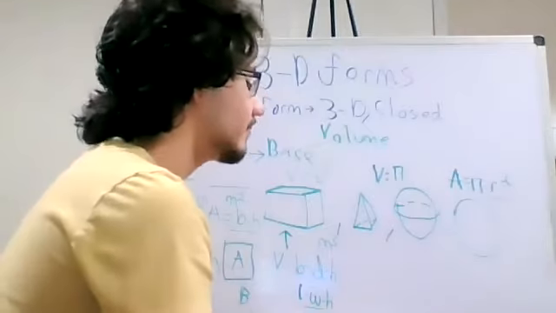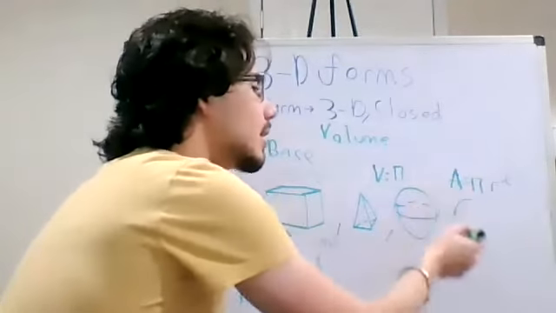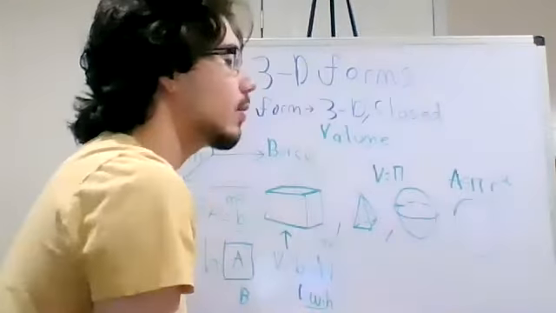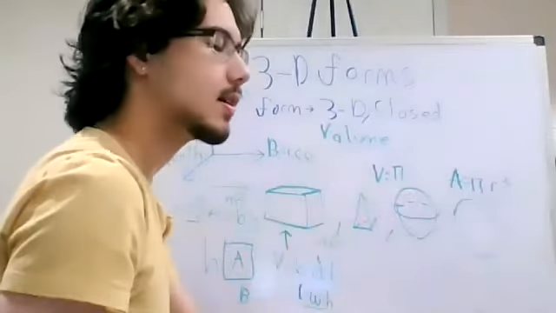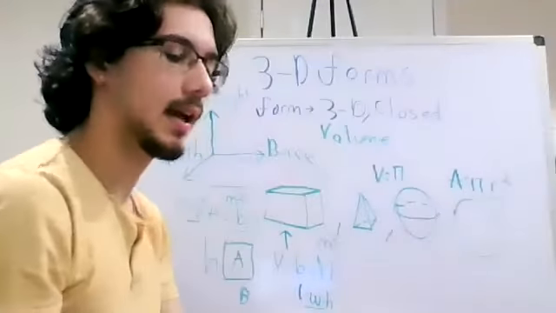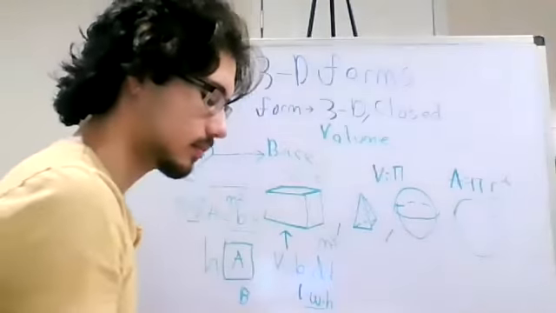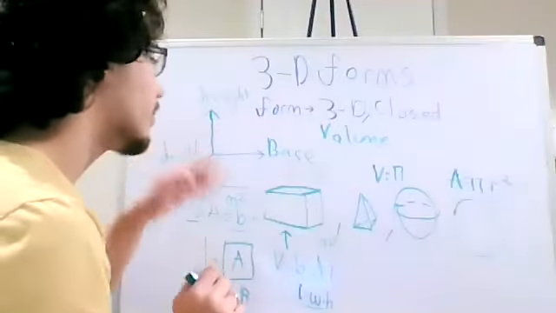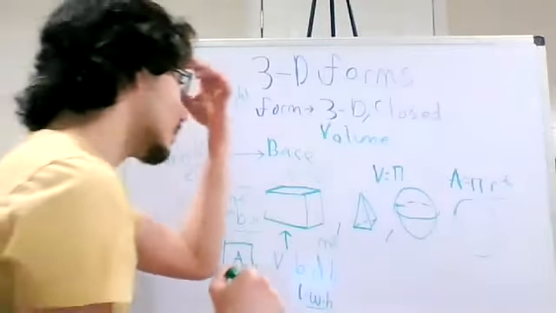Now, because we only use r when we describe circles, do you think we will only use r to describe spheres? No, sir. You don't think so? What would we use instead? D. D would describe the depth. So that's a reasonable assumption.